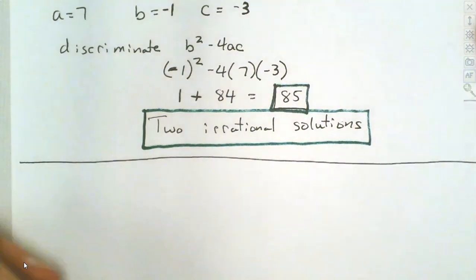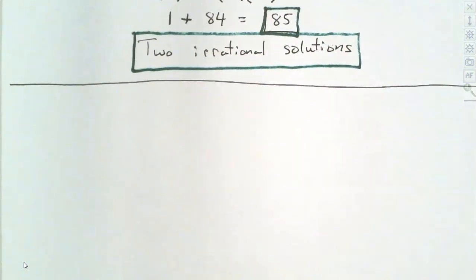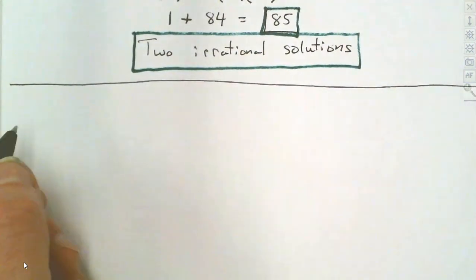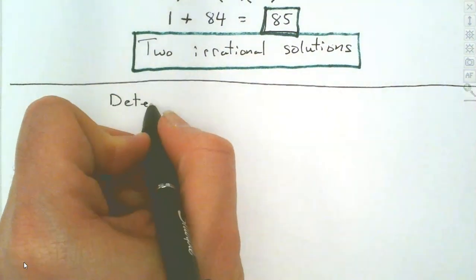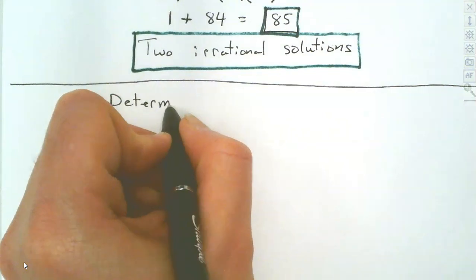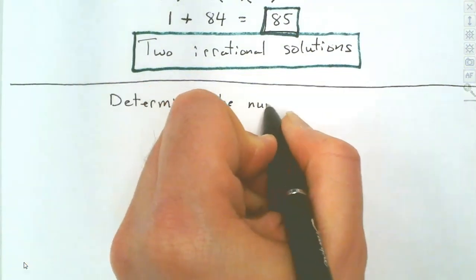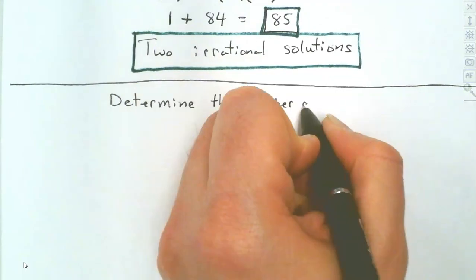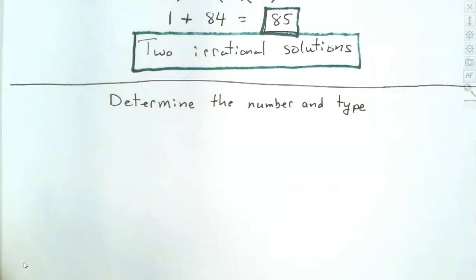Let's do one more. I want to do one where you have a 0 for the discriminant. So again, we're going to determine the number and type. And let's work with one that's going to make it have a 0 here.